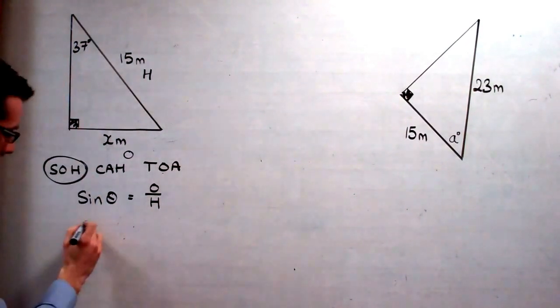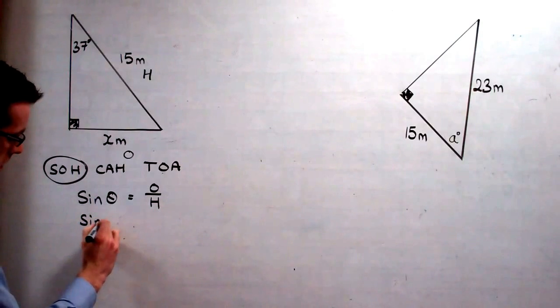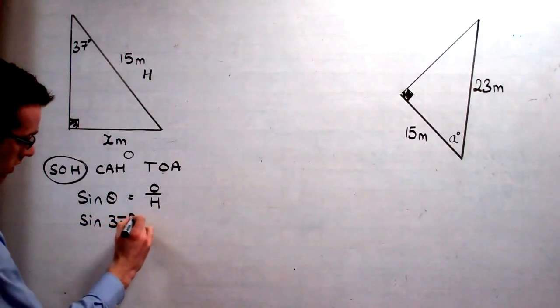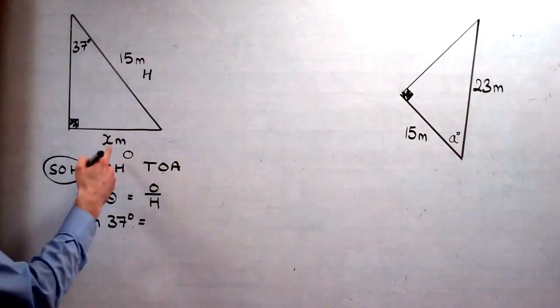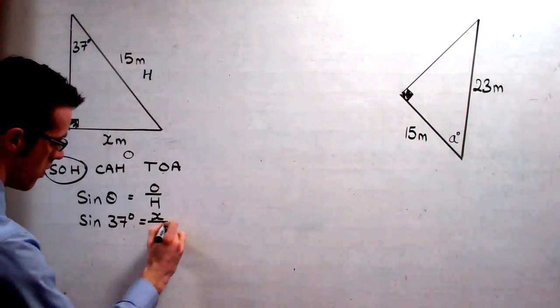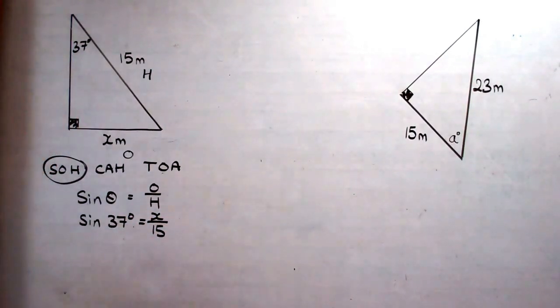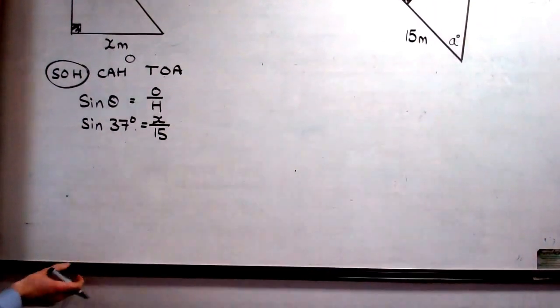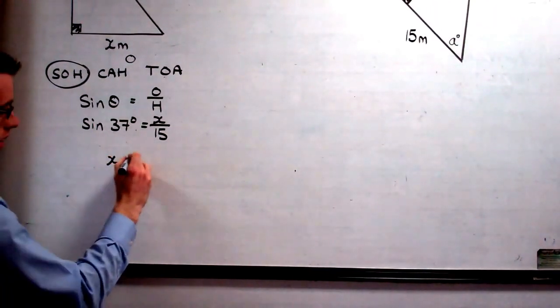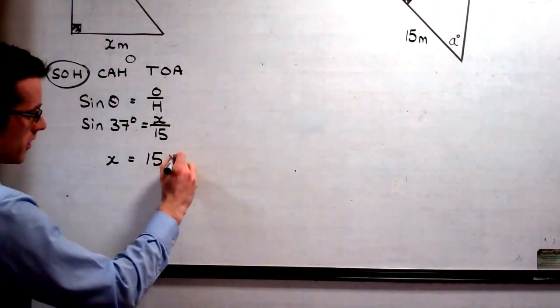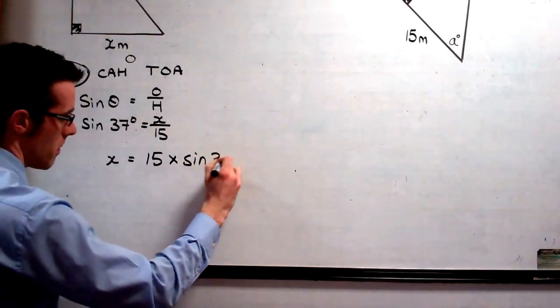Our theta, our angle is 37, so sine 37 is x over 15.